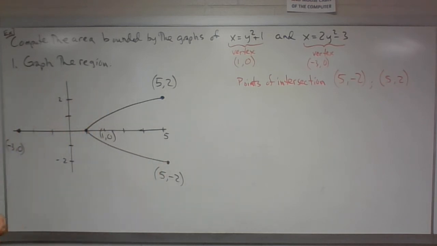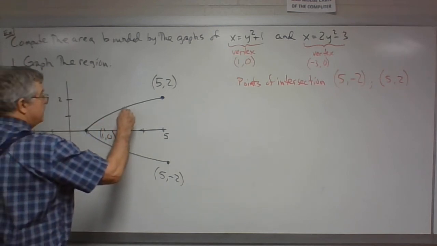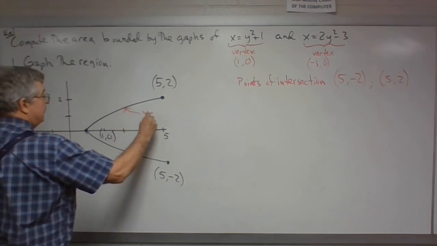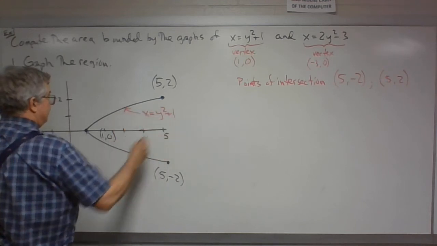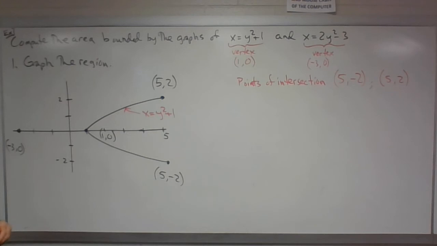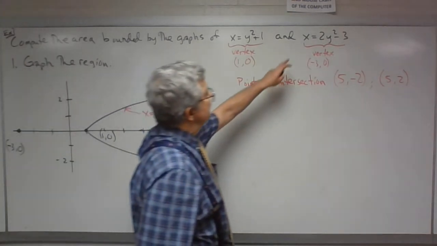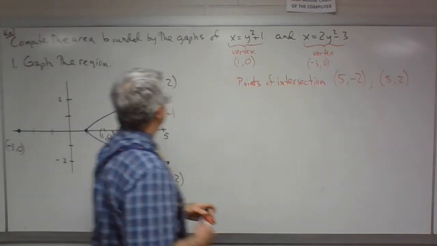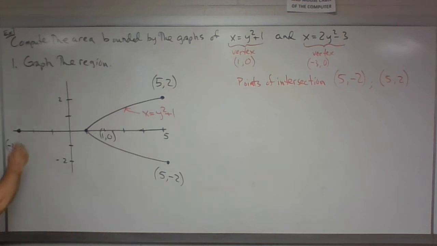And which graph is this? This is x equals y squared plus 1. Now this other one, its vertex is way back here.